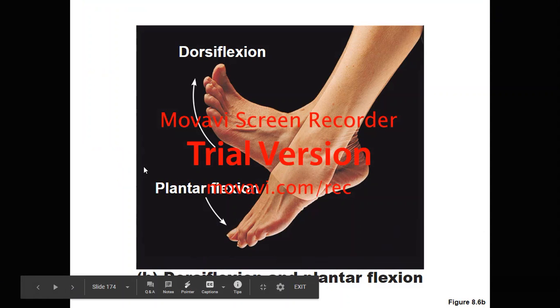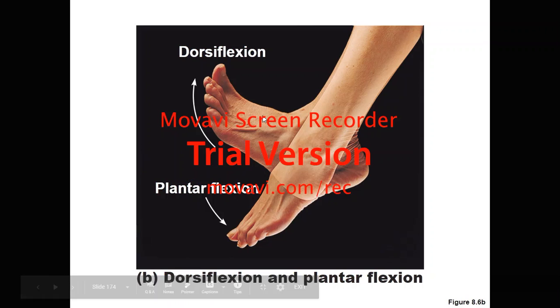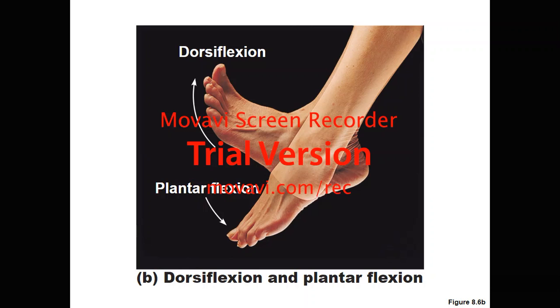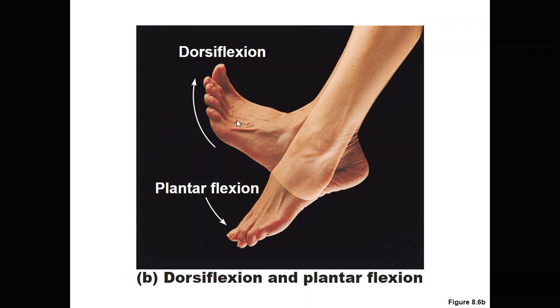All right, you see right here, I'm calling this the back part of your foot, the dorsal part of your foot. What's a little bit confusing is when I use the word back and they use the word bottom, sometimes you want to think they're the same thing. In this case, when I'm talking about the bottom, I'm talking about the plantar part of your foot. So essentially with dorsiflexion, remember flexing is decreasing the angle.